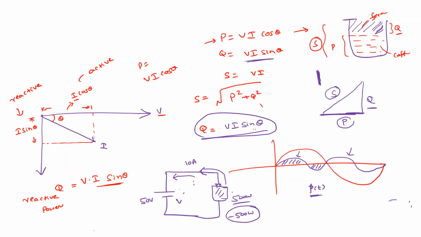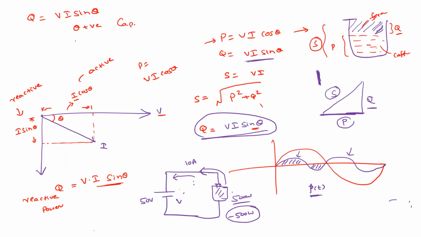Depending on this theta, we have Q equal to VI sine theta, right? If theta is positive, what is that? When theta is positive, it is capacitive circuits.